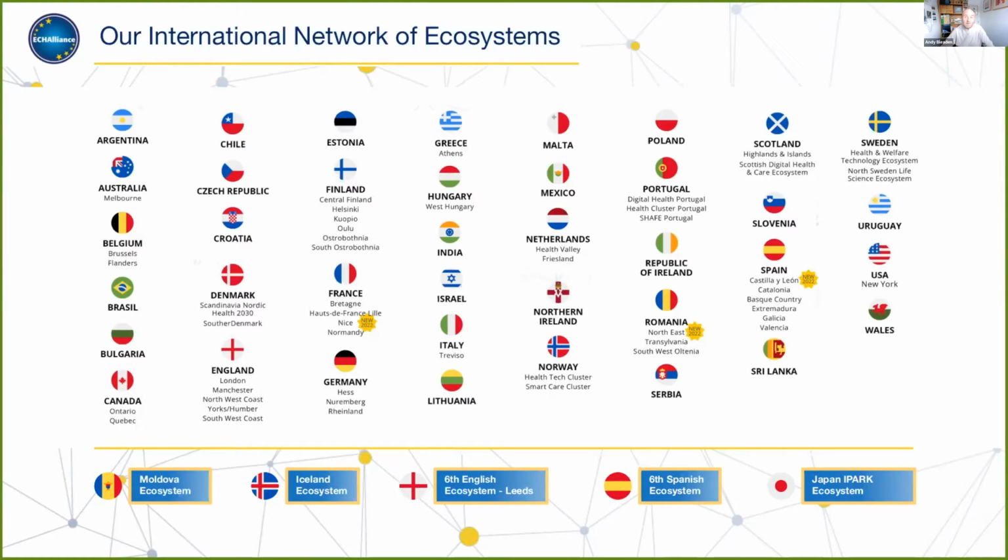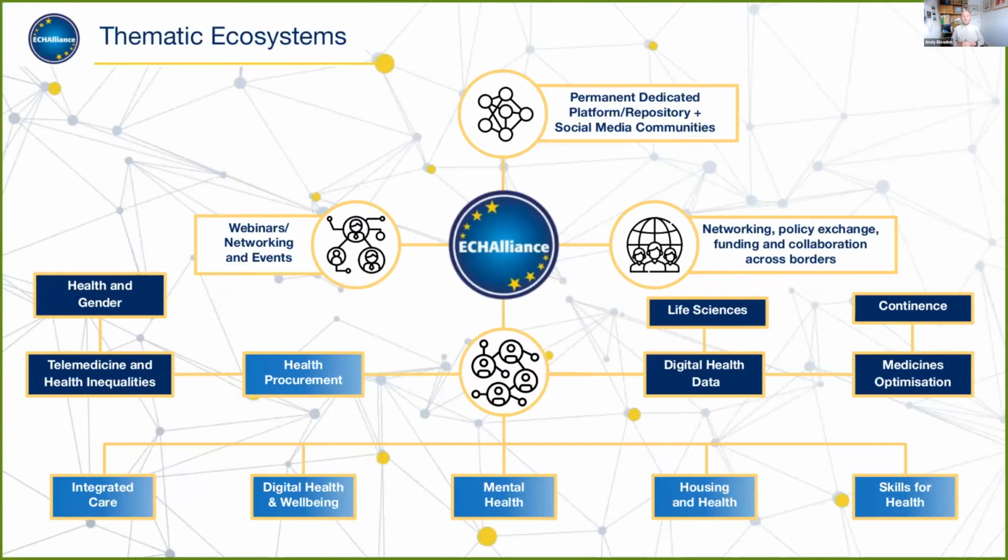That insistence from our ecosystems of ways to collaborate is why we've built a series of thematic ecosystems, which, instead of being geographically based, are thematic, with topic after topic on a certain theme, such as today on medicines optimization, where today we're going to be looking at polypharmacy and following that up with another session on transitions of care.